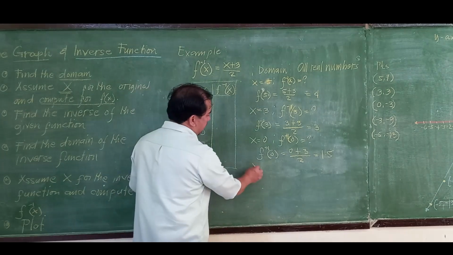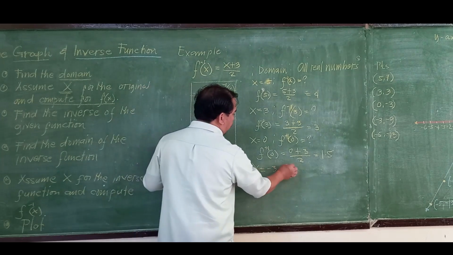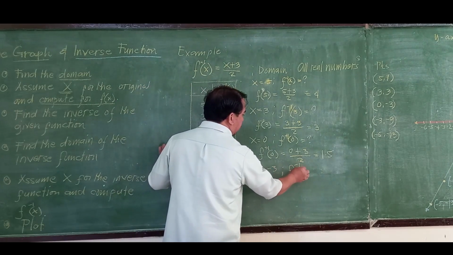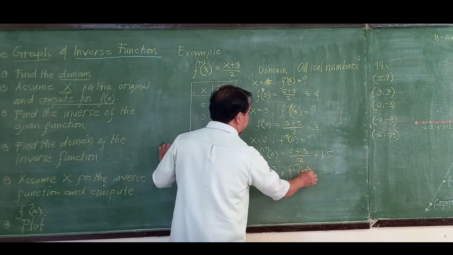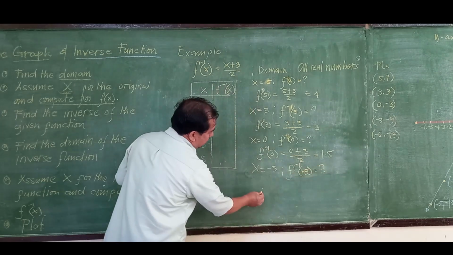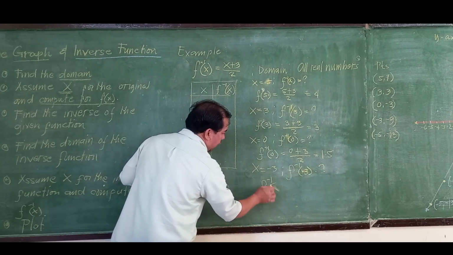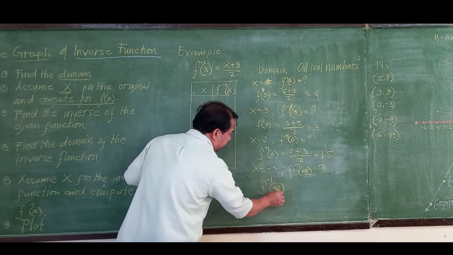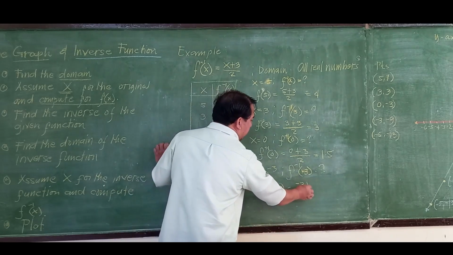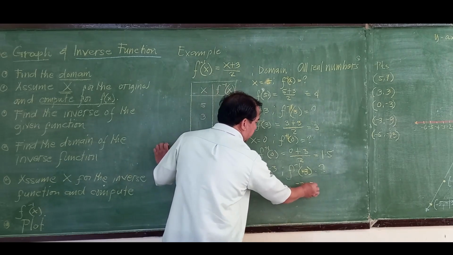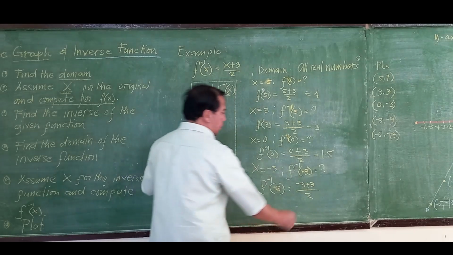What about if our x is negative 3? What would be the result of the inverse function? f of negative 3 is the same as negative 3 plus 3 divided by 2. Result? 0.